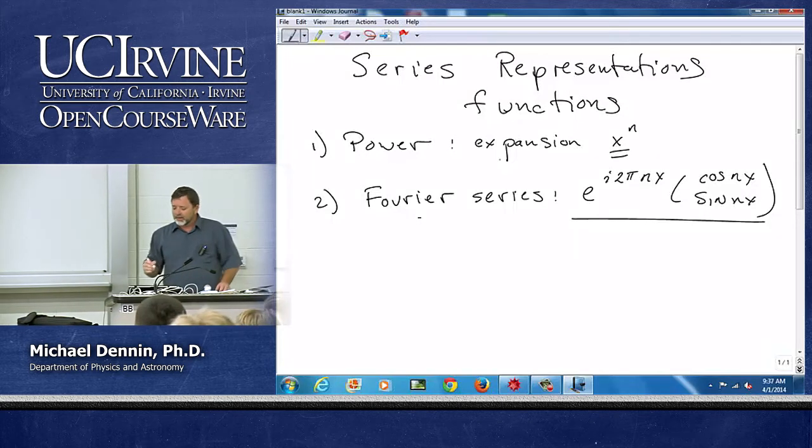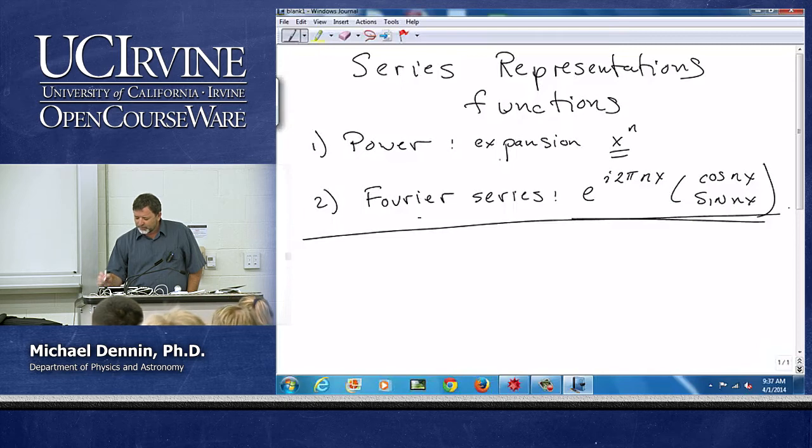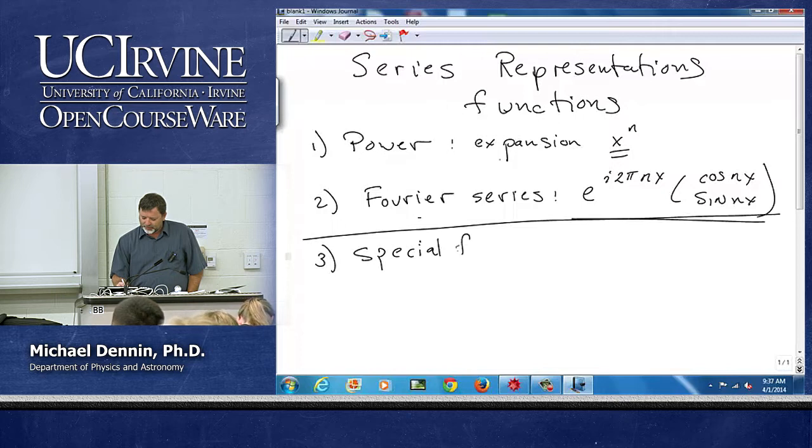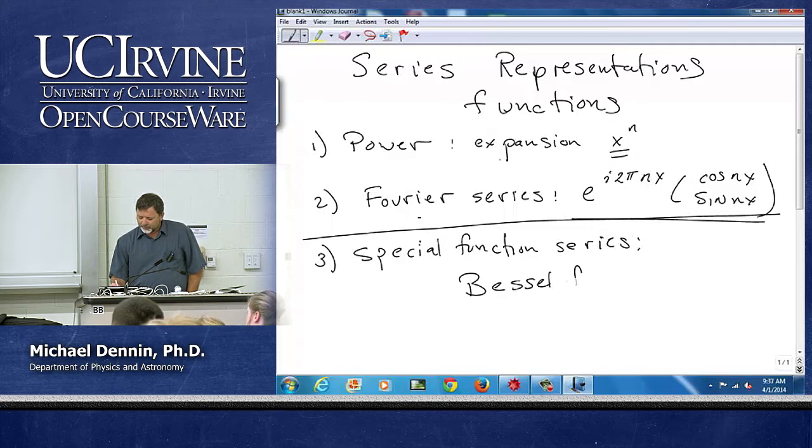Then, as you go on in your physics career, you will face all sorts of special function series. For example, there are Bessel functions, which you may or may not, depending what math you've taken, have learned about yet. These are J sub n of x.